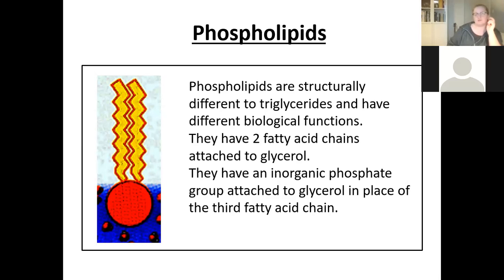Instead of a triglyceride, which has 3 fatty acids to a glycerol, these have 2 fatty acids attached to a glycerol, but they also have an inorganic phosphate group that is attached to the glycerol in place of that 3rd fatty acid chain.